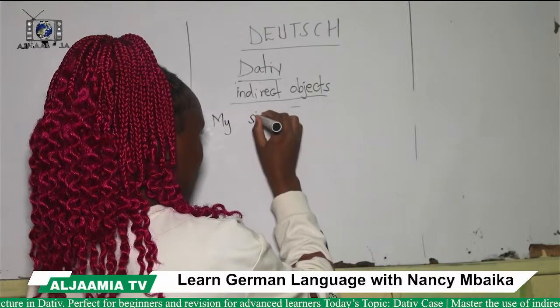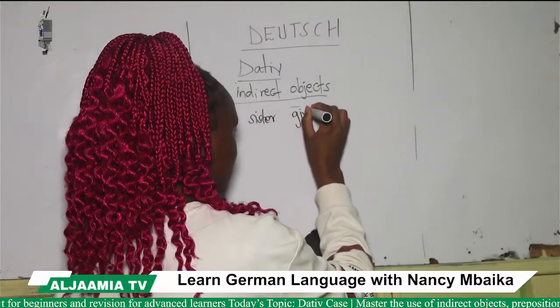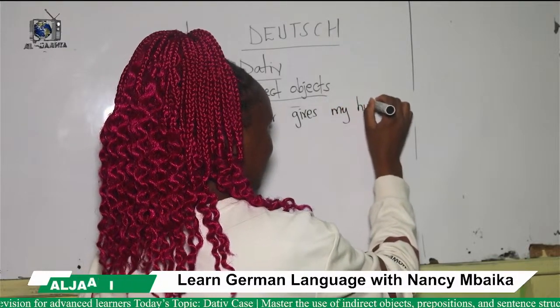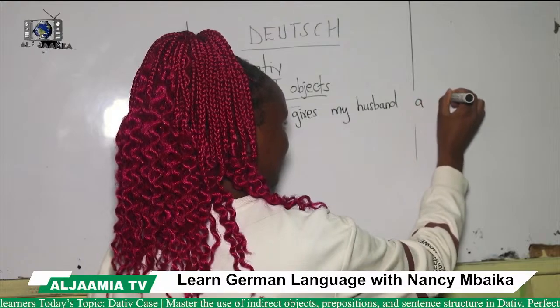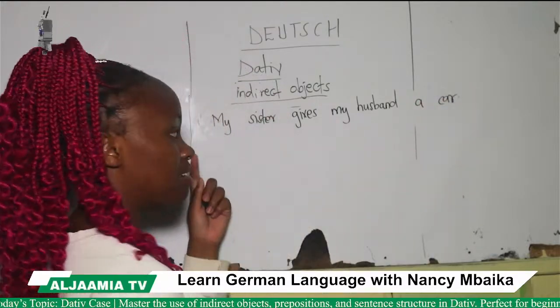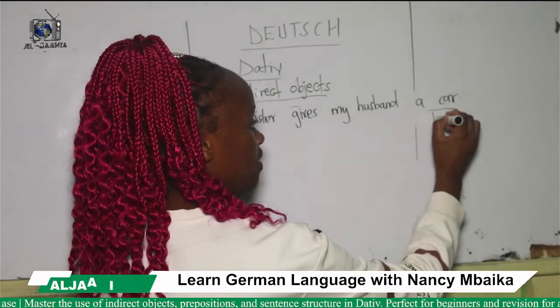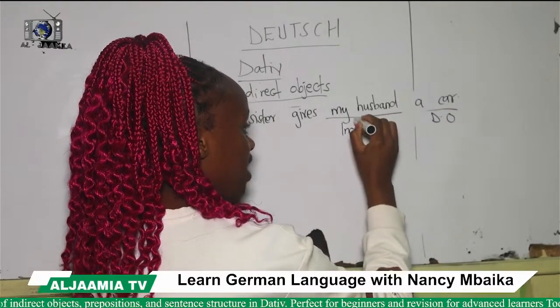My sister gives my husband a car. So a car is going to be our direct object. My husband, the indirect object.